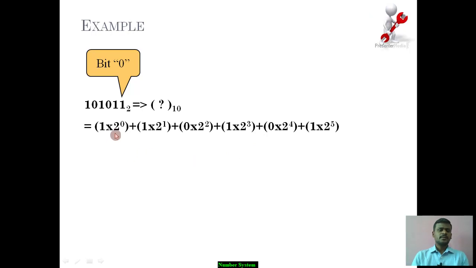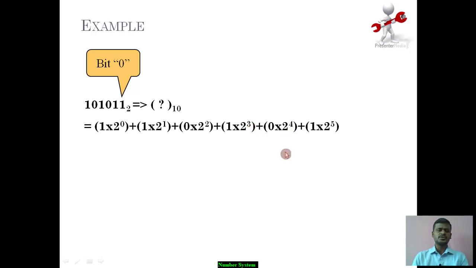Now we will try to simplify these power values. For example, 2 raised to 0 means the value is 1, 2 raised to 1 means the value is 2, 2 raised to 2 means we need to multiply 2 two times, that is 2 multiplied by 2, that means 2 raised to 2 is 4. 2 raised to 3 means 2 will be multiplied 3 times, that is 2 into 2 into 2. 2 into 2 is 4, 4 into 2 is 8, that means 2 raised to 3 is 8.